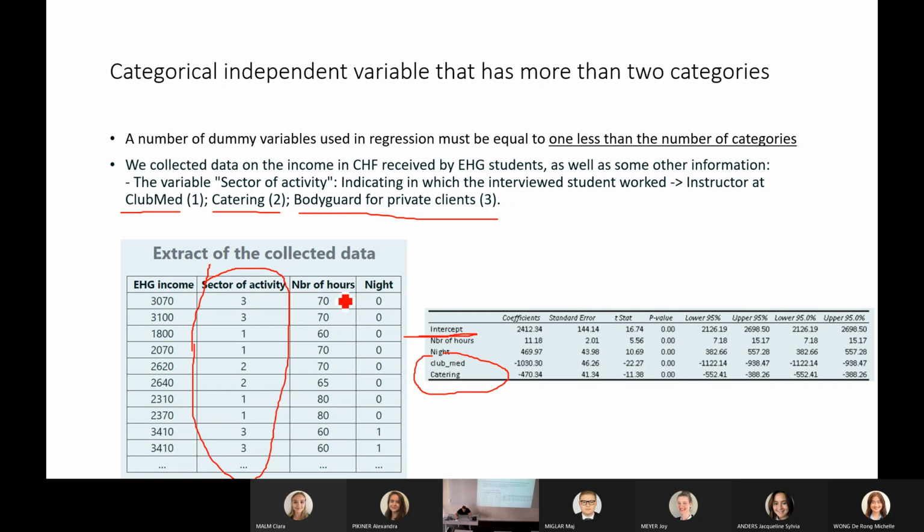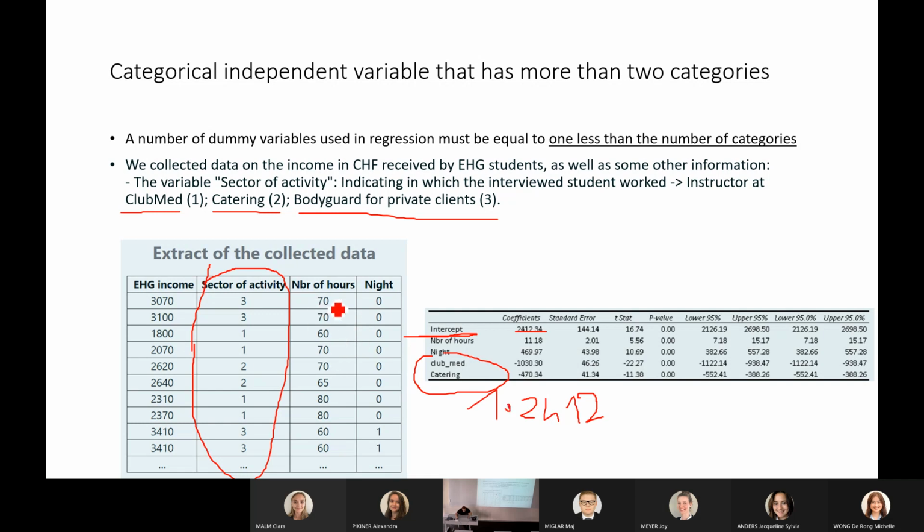Okay, so this is your base intercept, 2,412, right? This will be the intercept for bodyguard, for everyone, because everyone has 1 times the intercept.